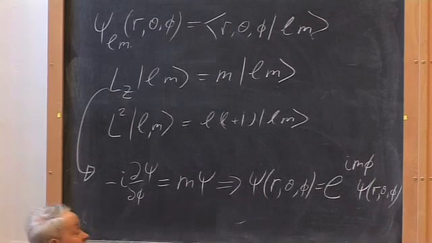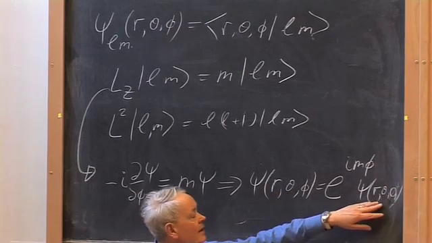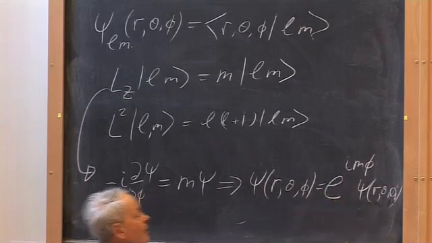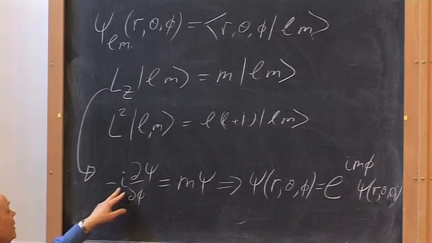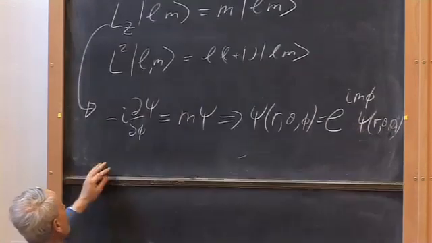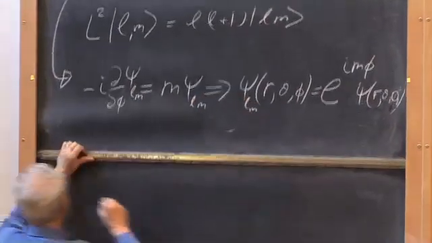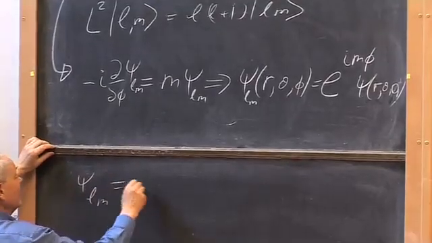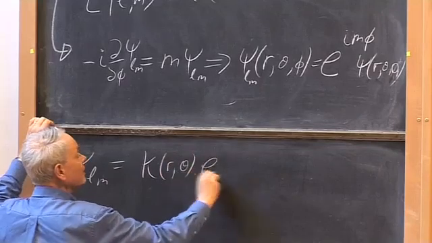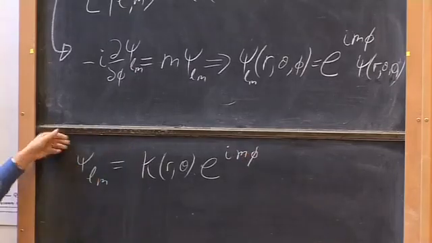So there's some kind of a constant here. This thing doesn't depend on phi. If you differentiate this with respect to phi, you bring down an im. The i's make another minus sign that cancels this, and you end up with m times whatever it is. So what we know is that psi Lm is equal to some function of r and theta times e to the i m phi. I guess we kind of already knew that.